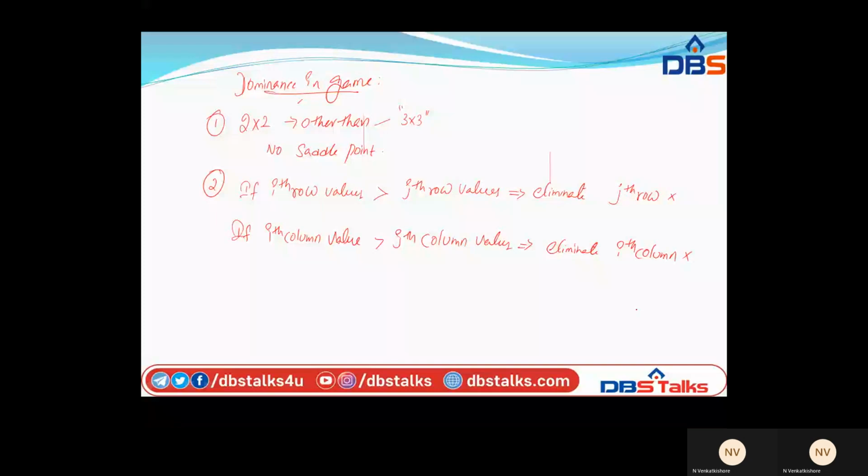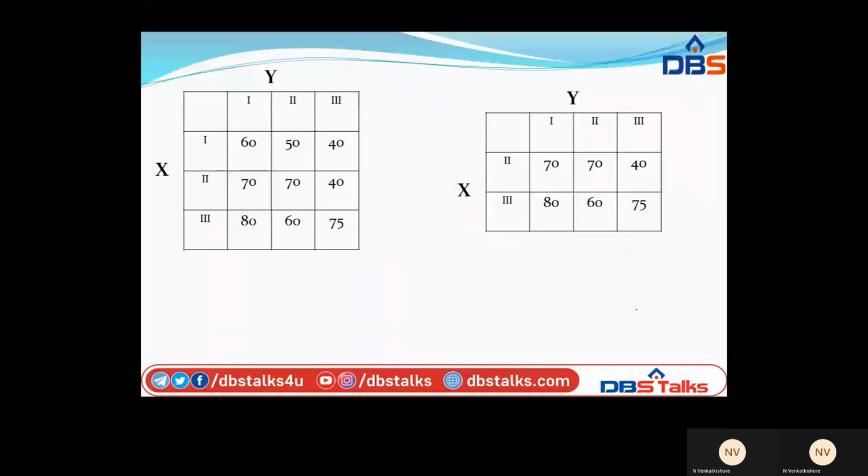If you see, firstly, at any time we need to do the row dominance first. Since here we do not have a 2 by 2 matrix, we go for row dominance. Otherwise, if you have 2 rows, then we can directly go for the column dominance, since we need to finally achieve a 2 by 2 matrix only.